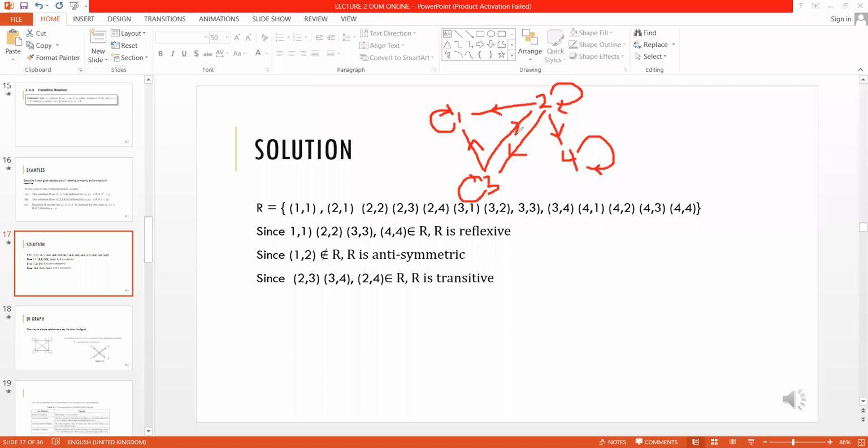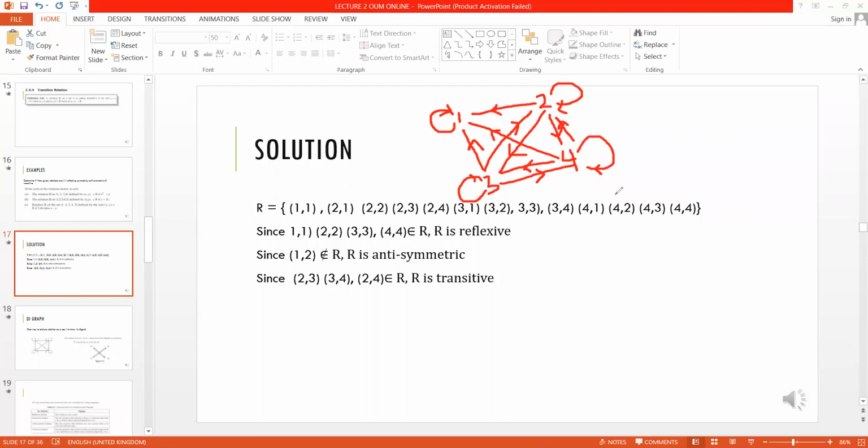We have 3, 3, we indicated that. Then we have 3, 4. We have 4, 1. We have 4, 2. We have 4, 3, and then 4, 4 finally.